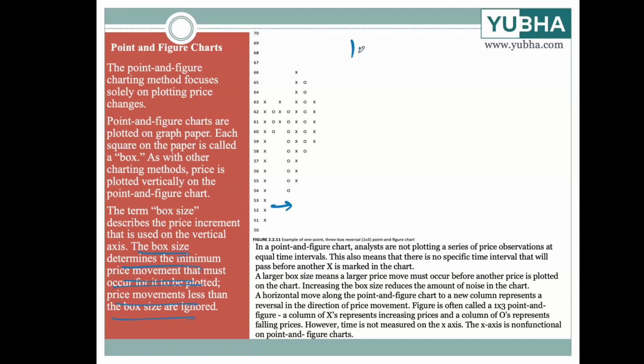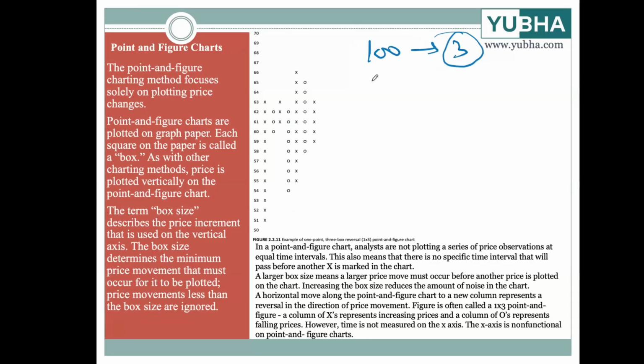One particular stock is going at 100. Now, I want to create a new box for every 3 rupees movement on this particular stock. Actually, no, let's stay with our example.